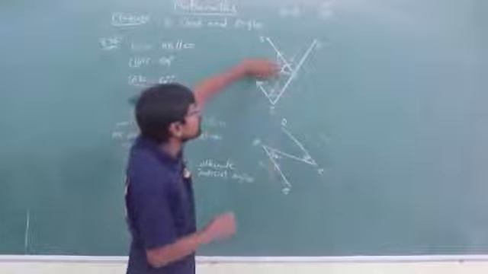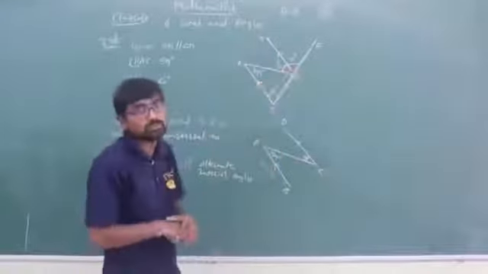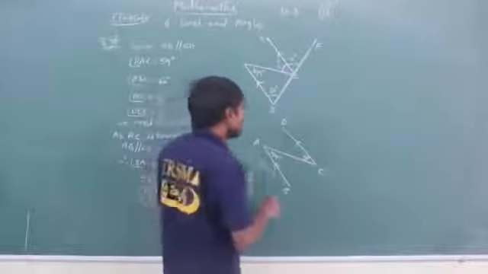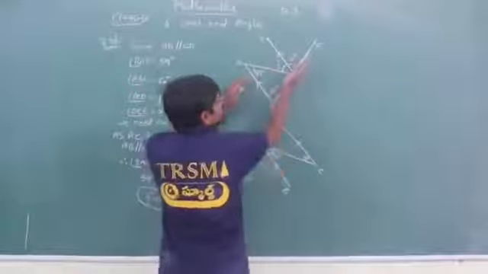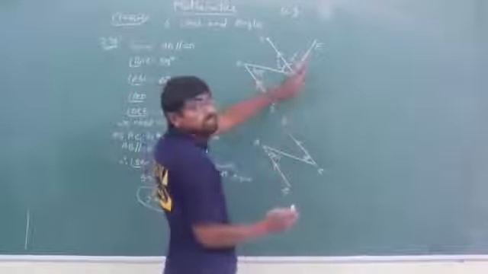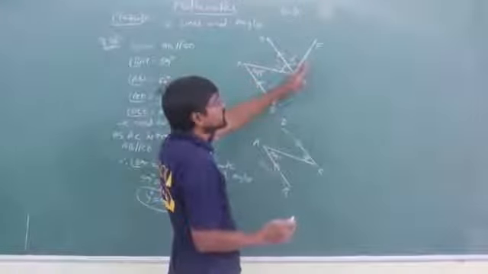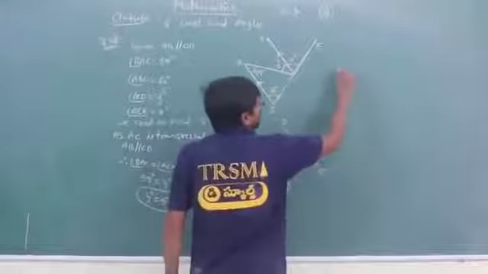Now I am removing this transversal and taking this transversal. Why? This x degree is based upon this transversal line. So here I have the diagram.